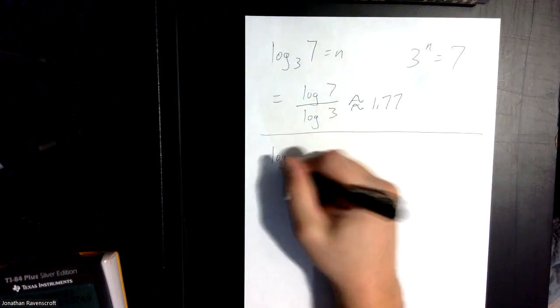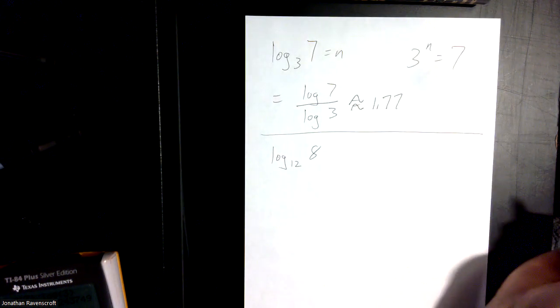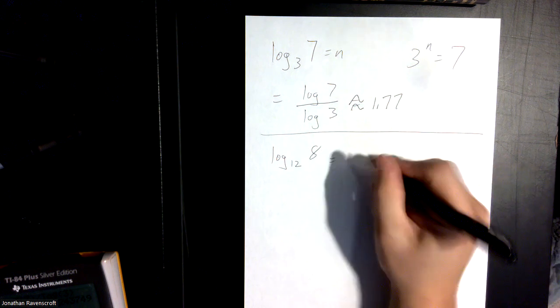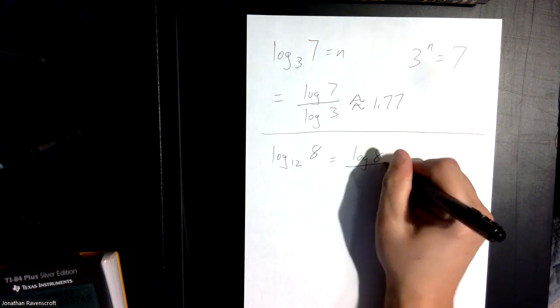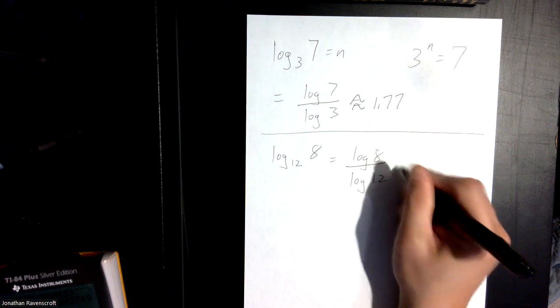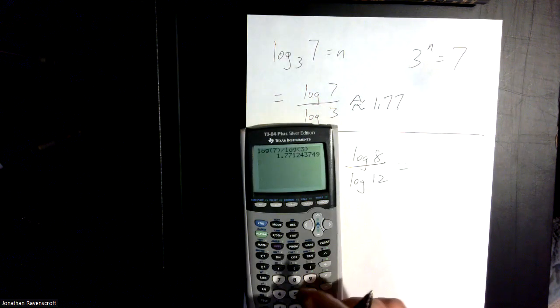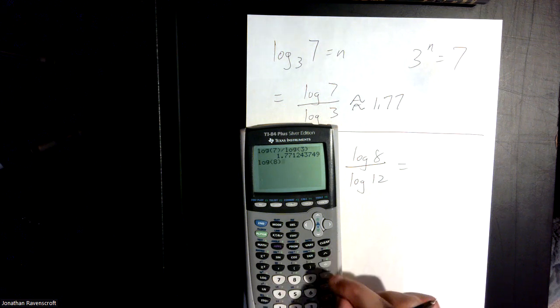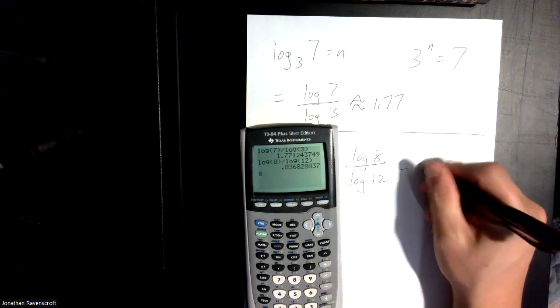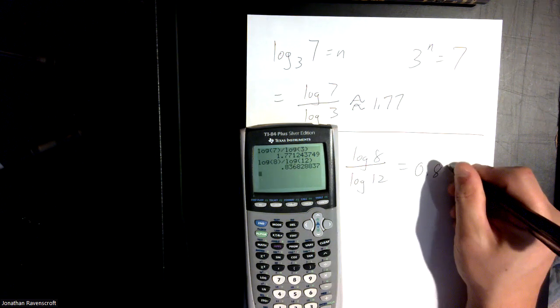They'll tell you how many places to round to. Let's say I have log base 12 of 8. I can convert that to log of 8 over log of 12. So on the calculator, log of 8 divided by log of 12. 0.84.